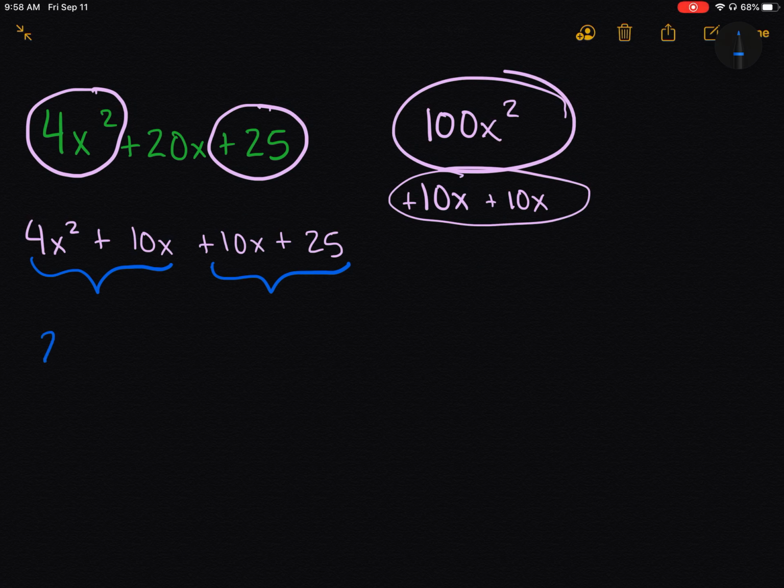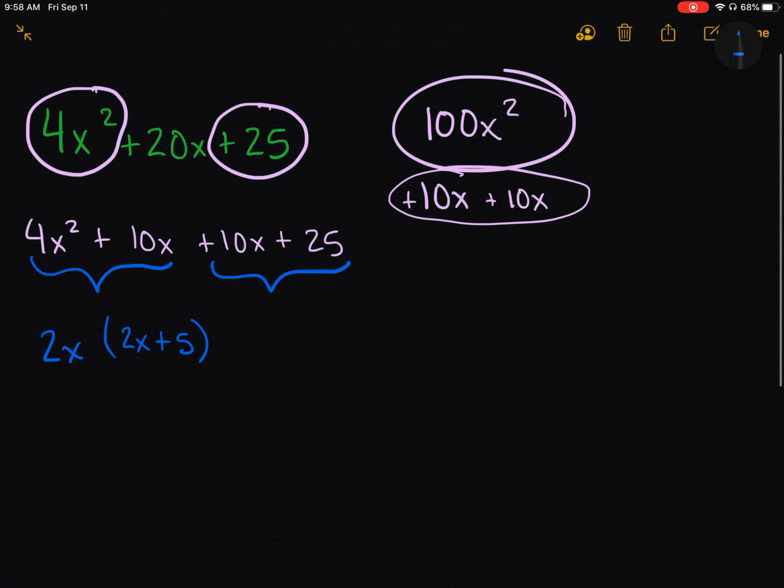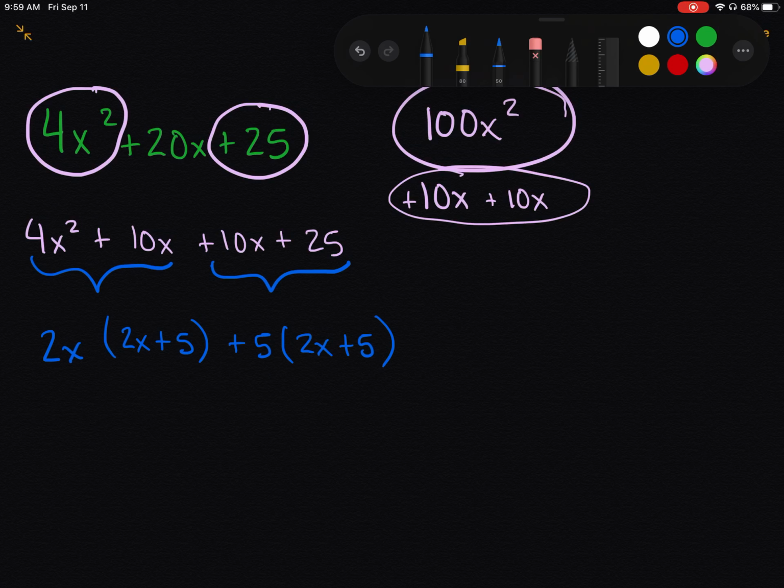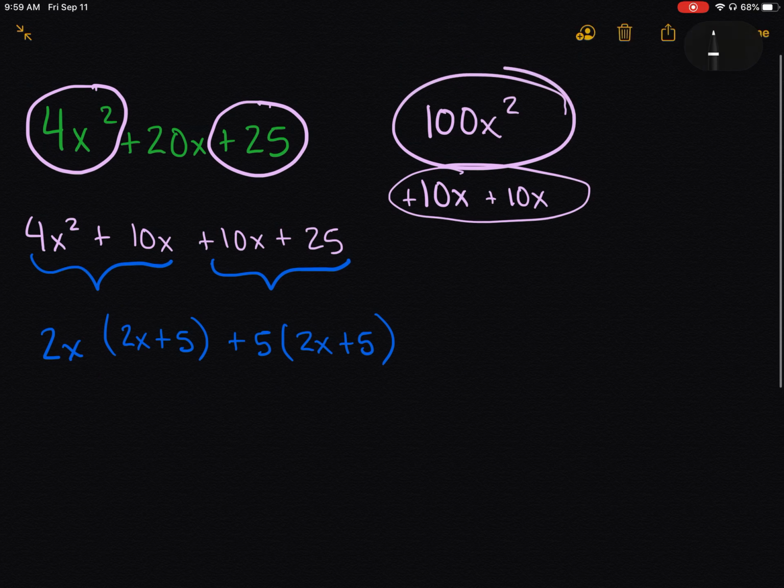We take out a common factor of 2x. That's going to give us 2x times 2x plus 5. And then when we take out the greatest common factor for 10x and 25, we're going to get 5 times 2x plus 5. So we have a common factor of 2x plus 5 for both of those terms.